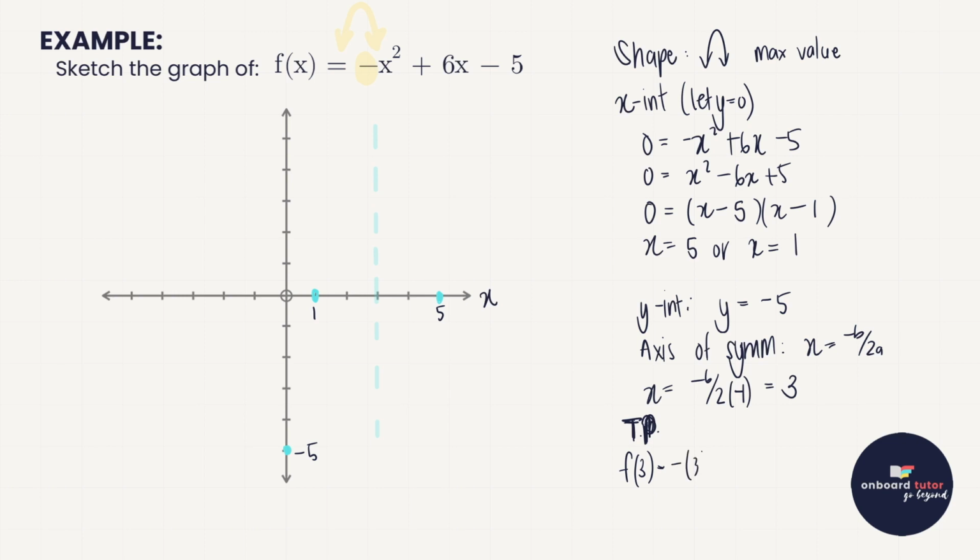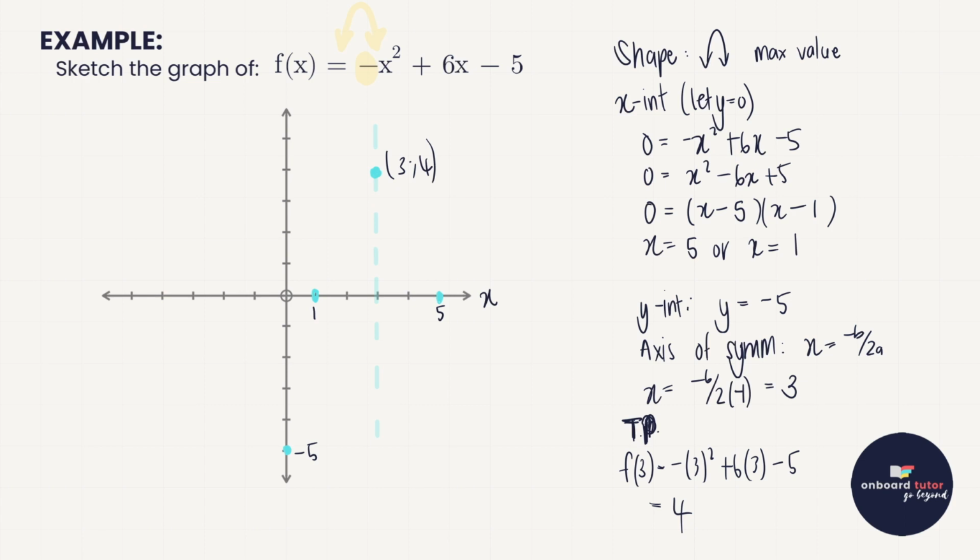So it's going to be minus 3 squared plus 6 times 3 minus 5. And then if we work that out, we get an answer of 4. So now I've got another point that I can plot, which is this turning point here, and that has the coordinates 3 and 4.